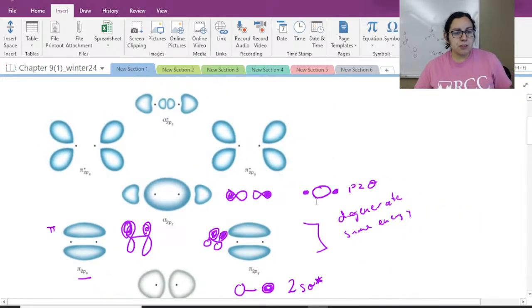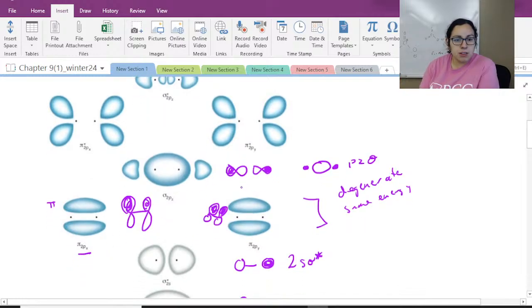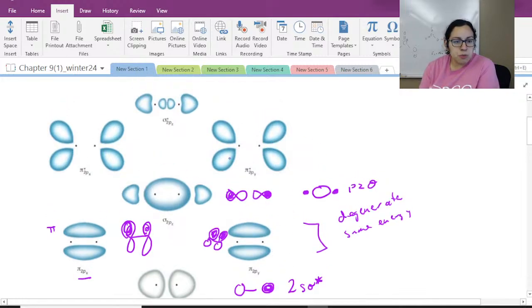Now we need to answer, where did those anti-bonding orbitals go? Notice anything that is bonding is going to be lower in energy, so that's favorable. Here are the corresponding anti-bonding orbitals to the pi bonding ones we observed down here. They draw them like this, and we'll just draw them with the opposite shading.